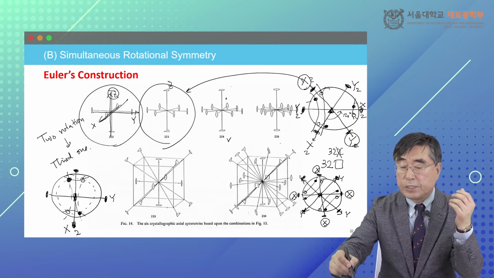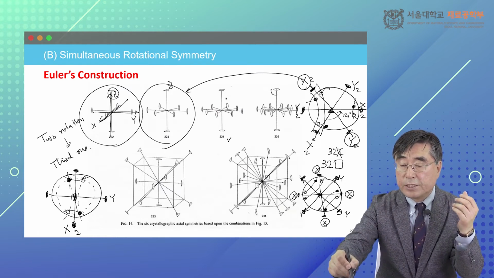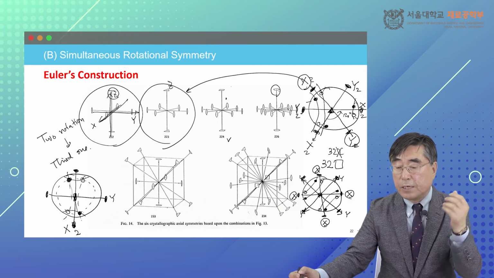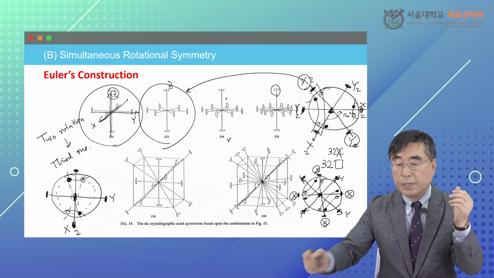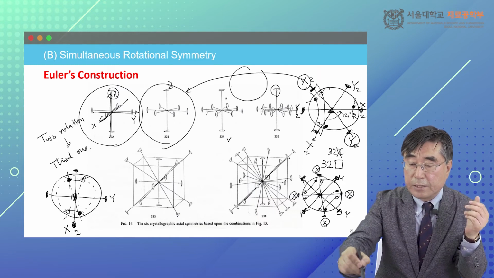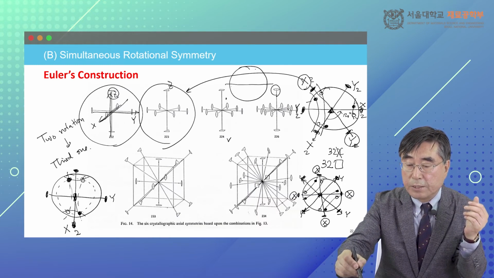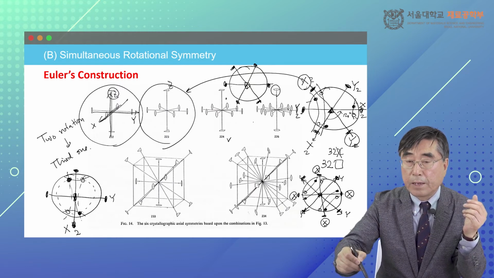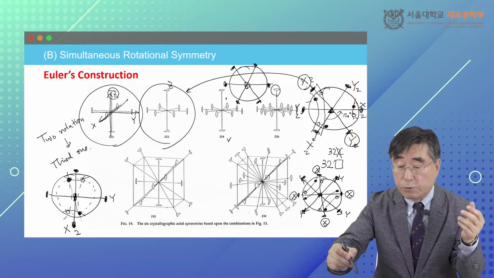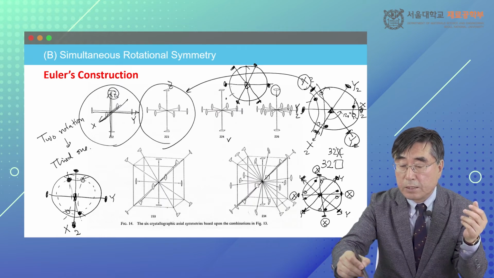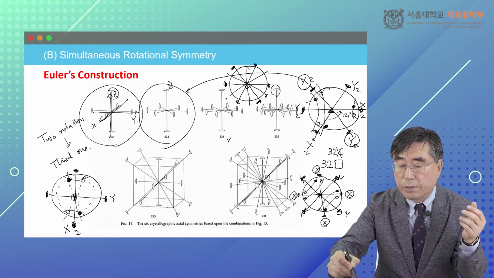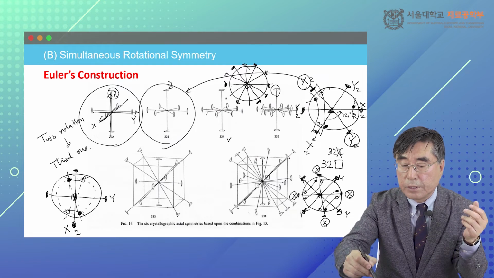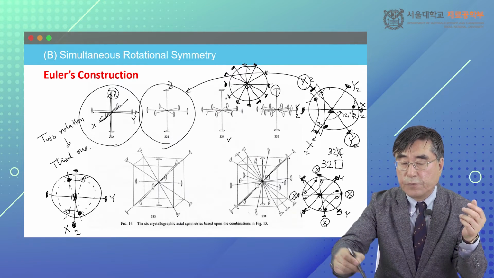I don't want to draw 2, 2, 6. Again, the z-axis is 6-fold. Now you can have perpendicular 2-folds. Basically symmetry-wise, let me just draw the symmetry elements in here. This is 6-fold. Now you draw 2-fold. Then there are 6 2-folds in here. It's all generated by 6-fold rotation. Now I draw another 2-fold in between these 2-folds.